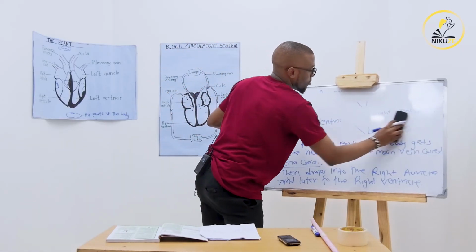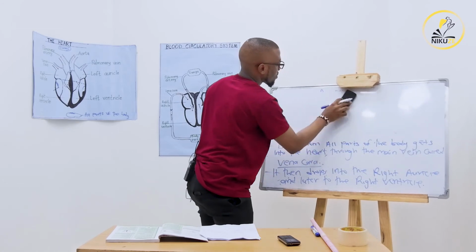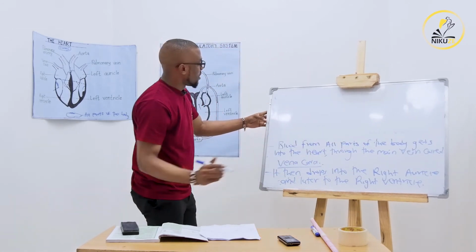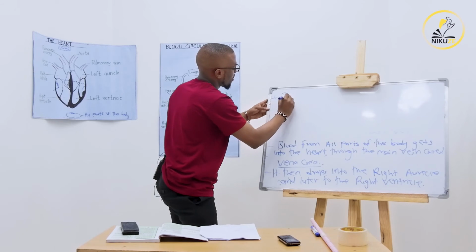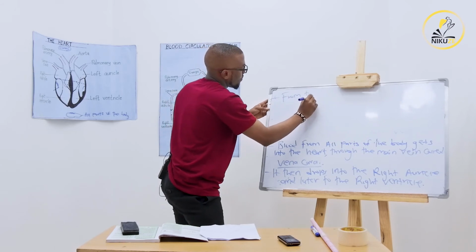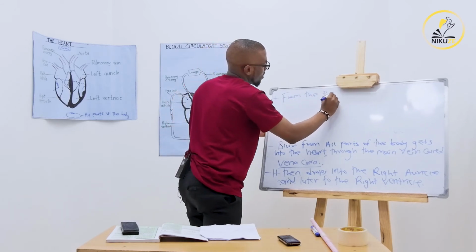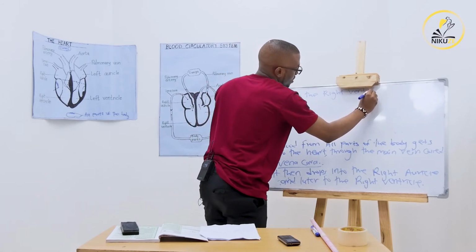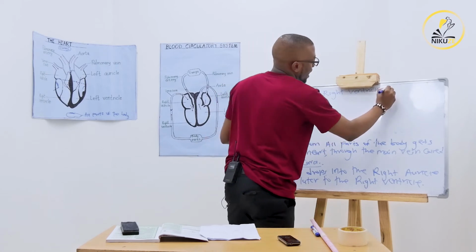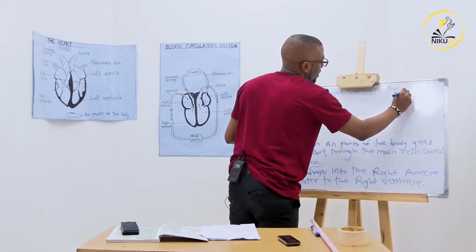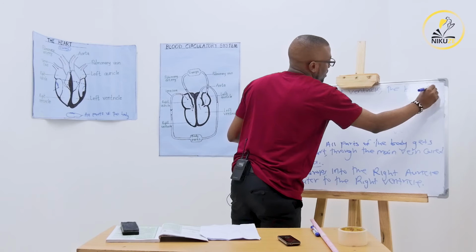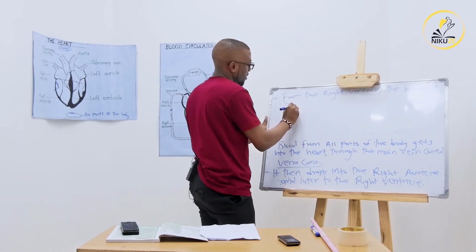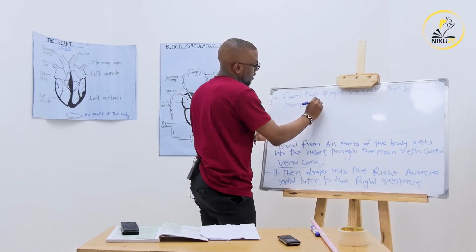See, from the right ventricle, the blood is pumped to the lungs.